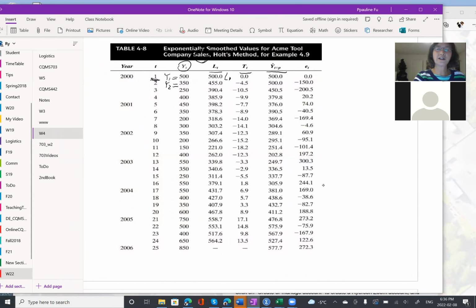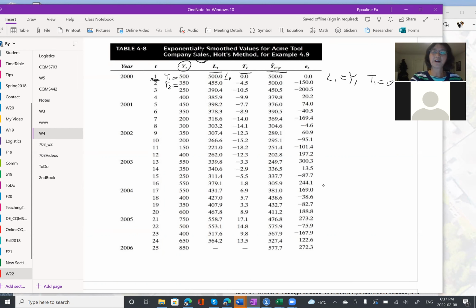So initially, L1 equal to Y1. That is how you get 500. Okay. Now T1 initially, our textbook uses 0. So T1 equal to 0. So any questions about L1, T1, 500 and 0?